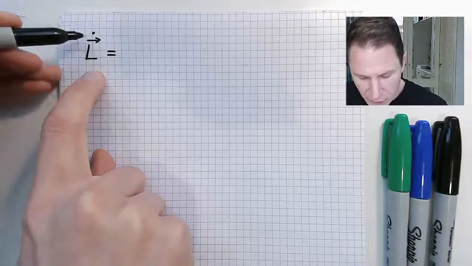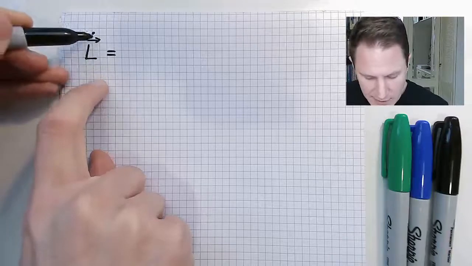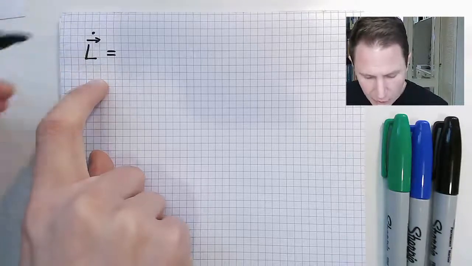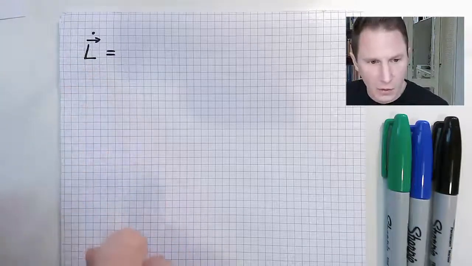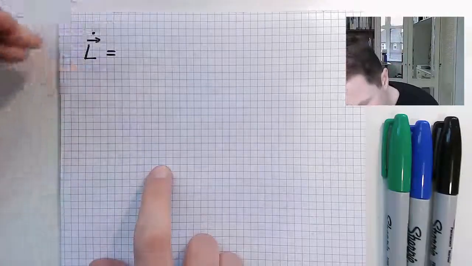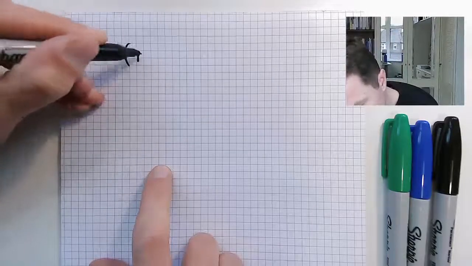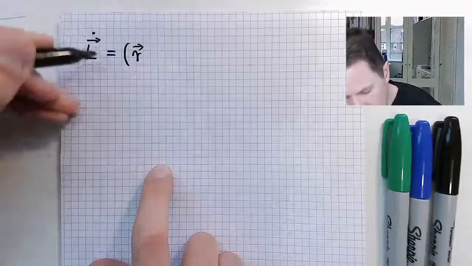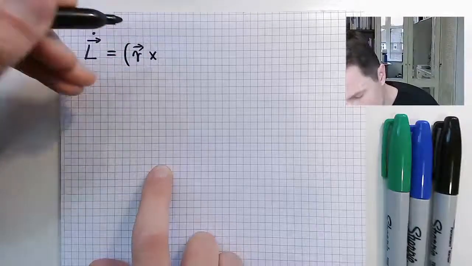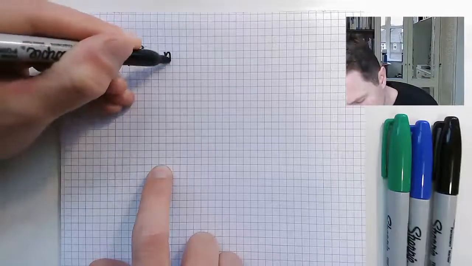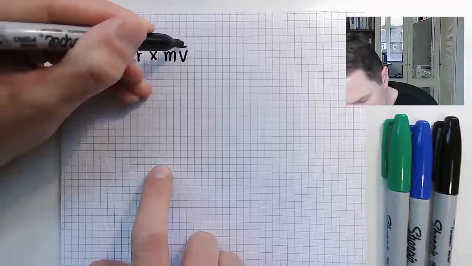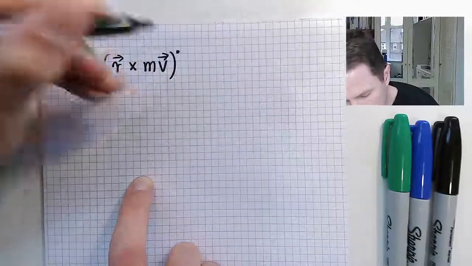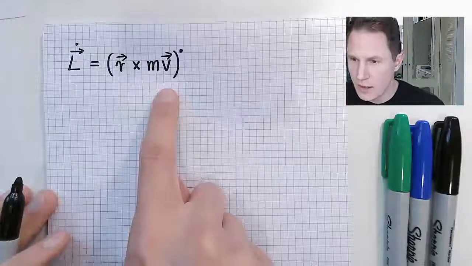So what we are trying to compute is the rate of change of the angular momentum. So capital L is written as r, the position vector, crossed with m times v. So we are trying to calculate the rate of change of this cross product.